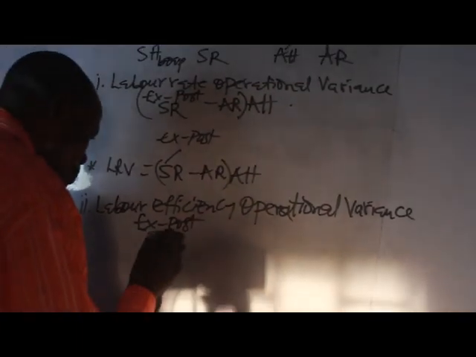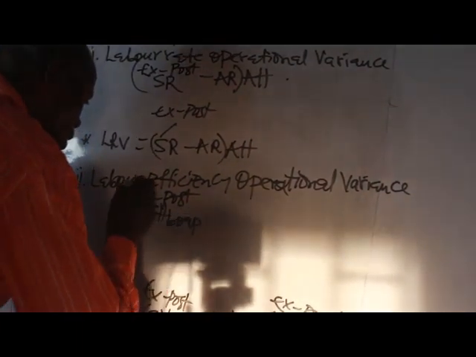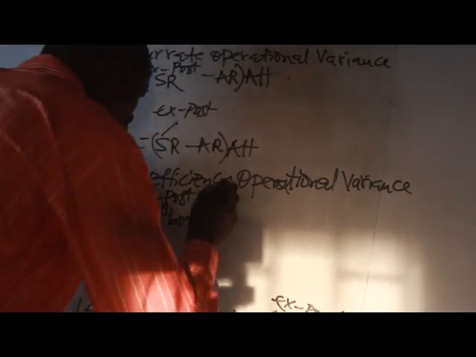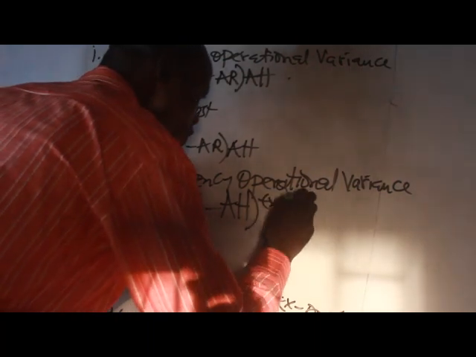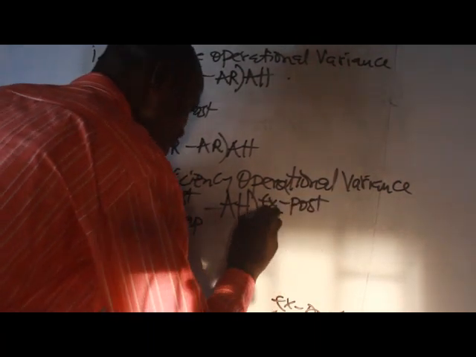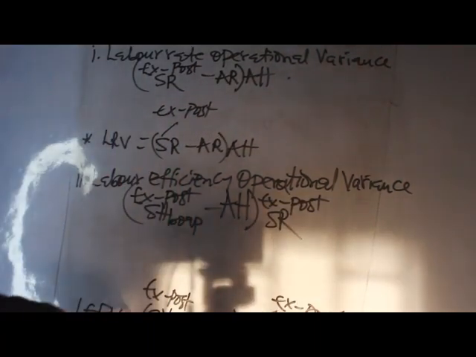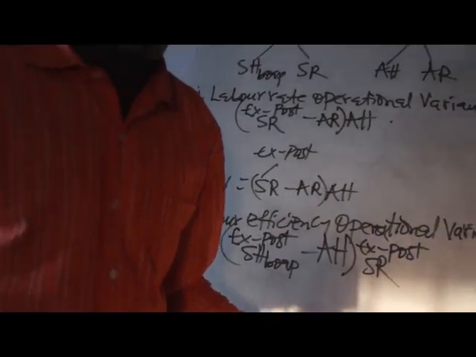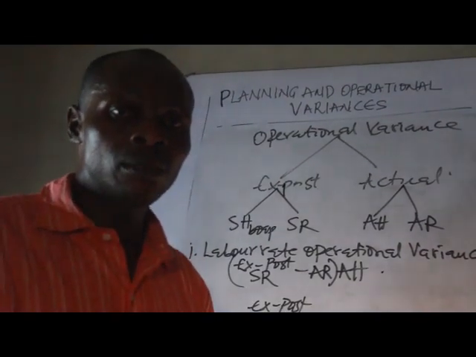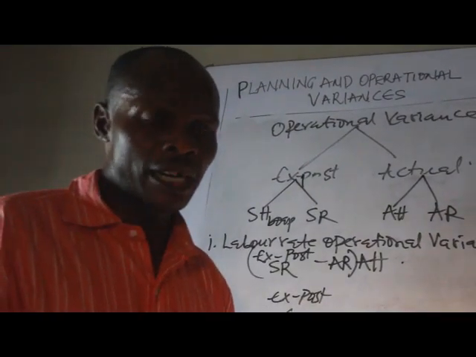So the formula becomes ex post standard hour based on actual production minus actual hours multiplied by ex post standard rate. That is the formula for calculating labor efficiency operational variance.